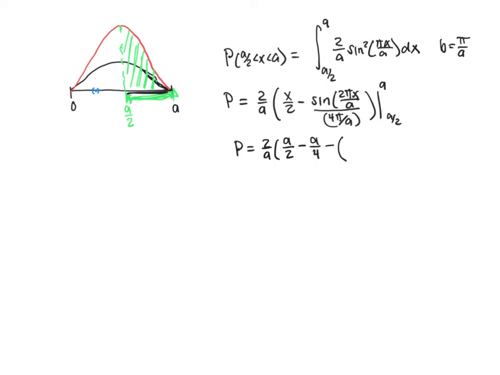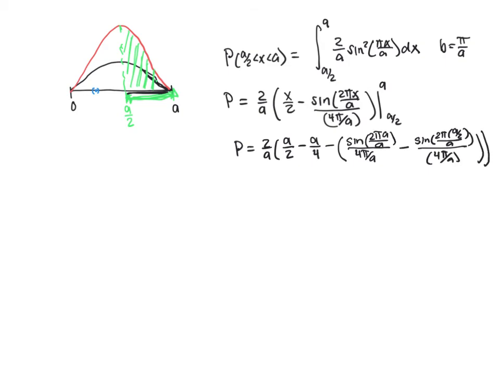So I end up with minus sine of 2 pi a over a divided by 4 pi over a, minus sine of 2 pi a over 2 divided by a divided by 4 pi over a.